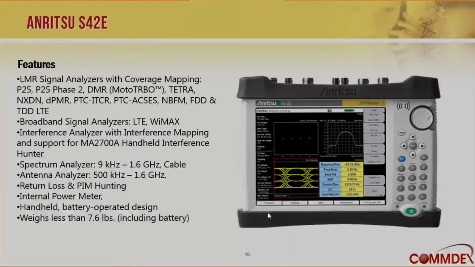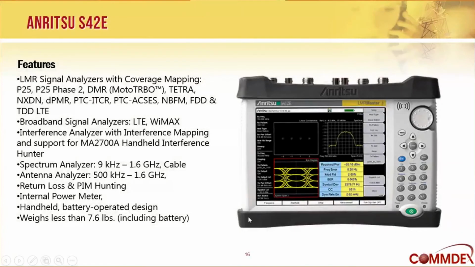So there are a lot of different units out here. I picked a few. This one we use a lot in the field, the Anritsu, that should be the 412E. This is a handheld signal analyzer, spectrum analyzer. I like it. It can identify things like P25 phase 1 and 2, DMR, Tetra, NXDN, dPMR, and several other types of modulation.